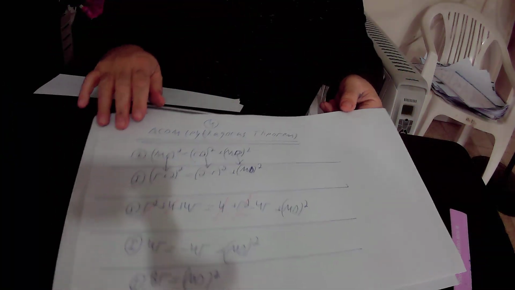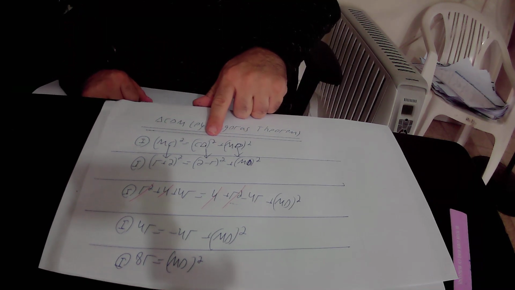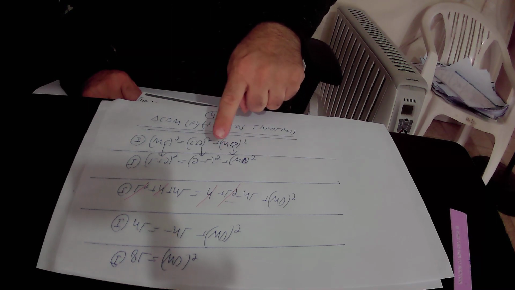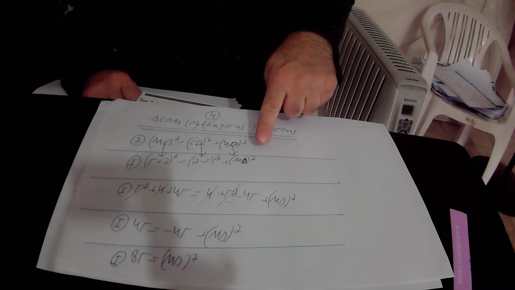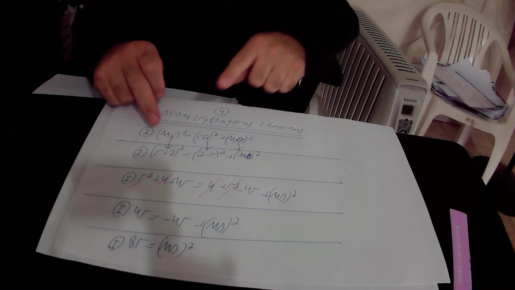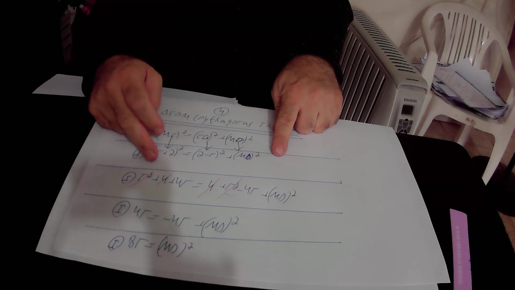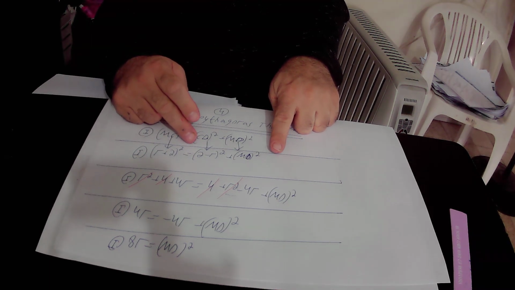Therefore CM squared will be equal to (R plus 2) squared. And it equals CD squared plus MD squared. We already found that CD equals 2 minus R. Therefore CD squared will be equal to (2 minus R) squared, plus MD squared. MD squared is left as MD squared. Here we open the brackets of this equation, equation number 1, and we got that (R plus 2) squared equals R squared plus 4R plus 4, and it equals (2 minus R) squared plus MD squared.